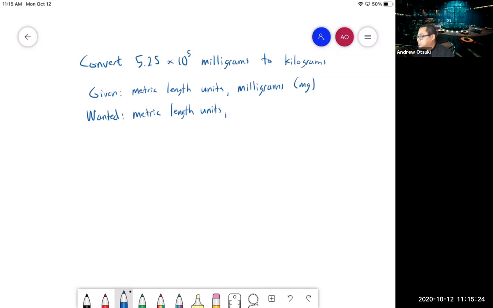Wait, no, that's not correct. We don't want length, we want grams. Sorry, that's incorrect, and I will have to correct these slides. So we want metric mass units. Let's correct that.